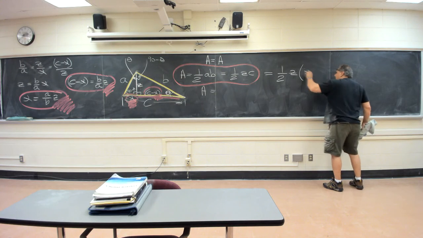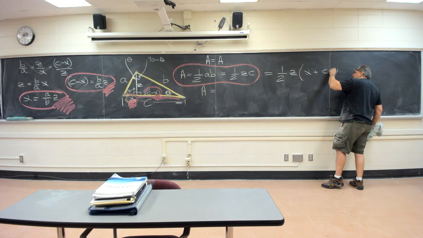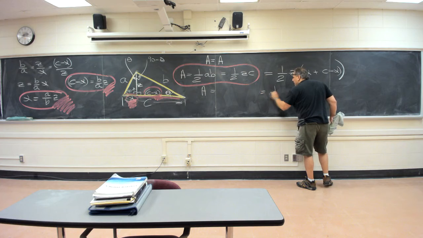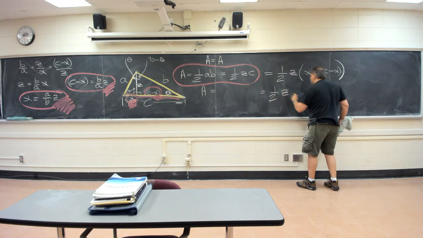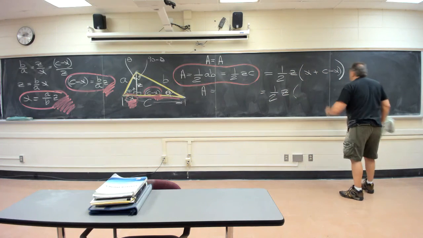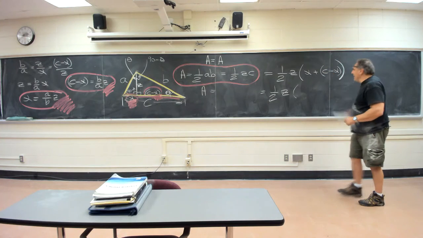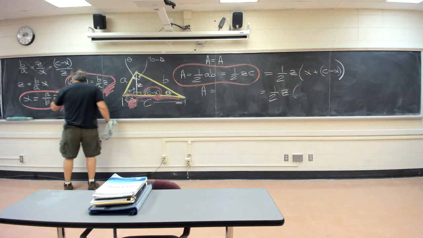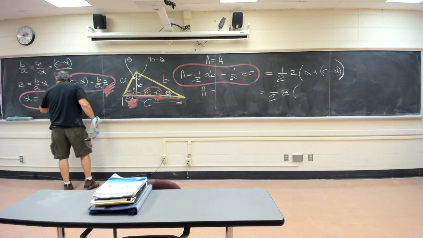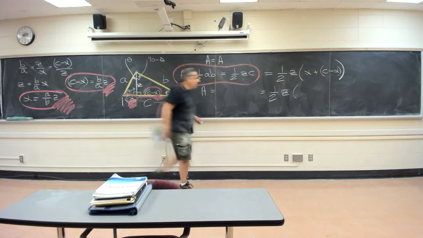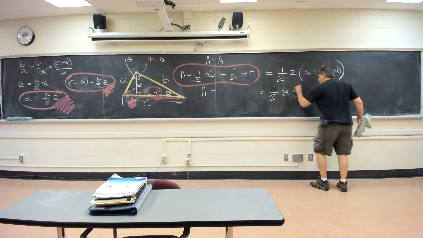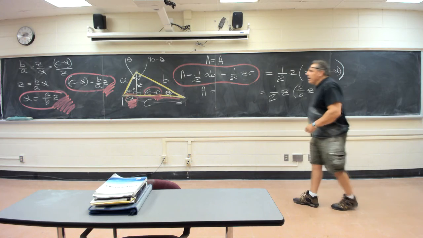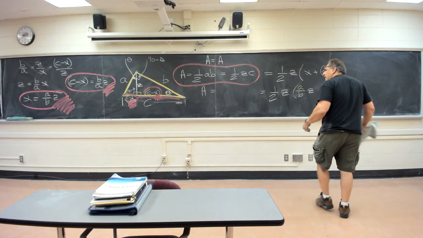C is equal to x plus c minus x. Yeah, I know, we've already talked about that. Well, yeah, let's keep talking about it. What is x? X equals a over b times z. Got it. And c minus x equals b over a.